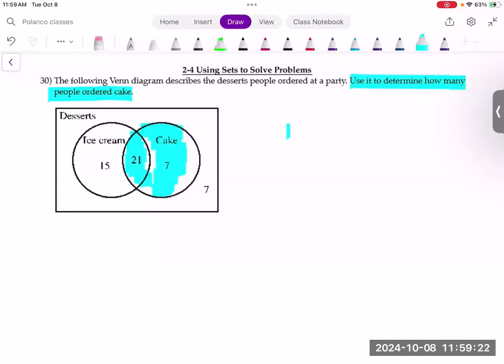So did they order cake? Yes, they did order cake. So the number of cake and ice cream is going to be included in there. So the cake would be these two. So this is going to be 21 plus 7, and that's going to be 28. That's the answer you are looking for.